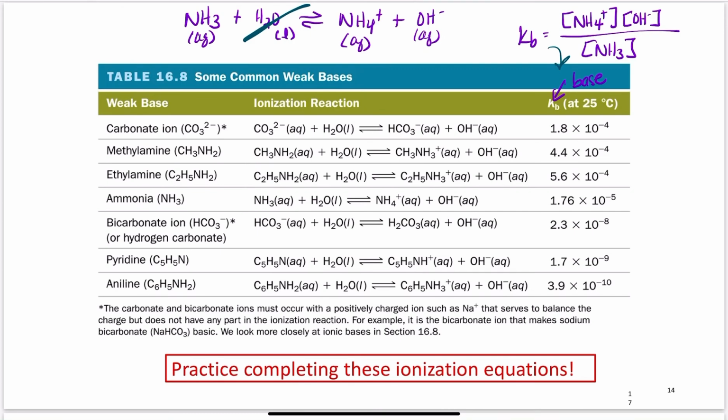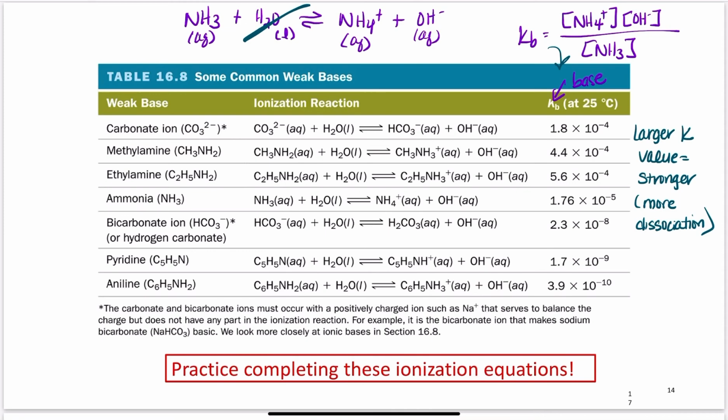So we can see a bunch of different reactions here and some of their Kb values. And Kb tells us how much is dissociating. A larger Kb value, the more it dissociates. Smaller Kb, the less it dissociates. Larger K value in general, for acids and bases.